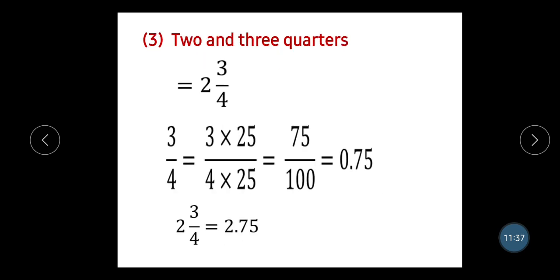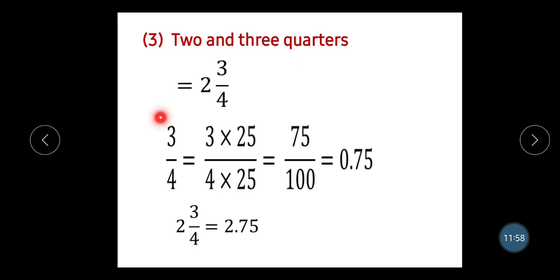Third one, 2.75. 2 we will copy it as it is. 3/4 is written as 3/4. So in mixed fraction it is written as 2, 3/4. Now you can see the denominator over here is 4. So we are supposed to multiply it by 25, as you know from the previous explanation.